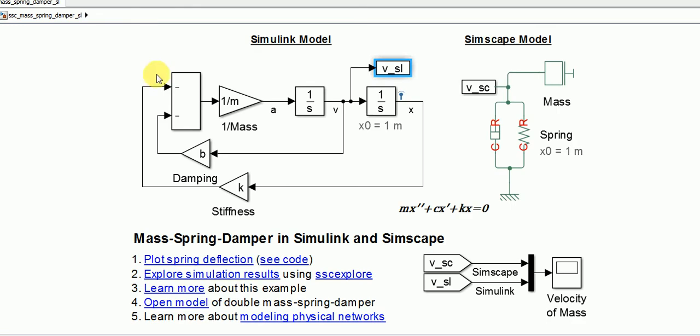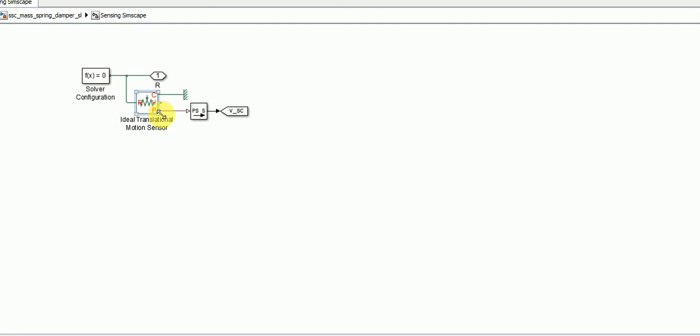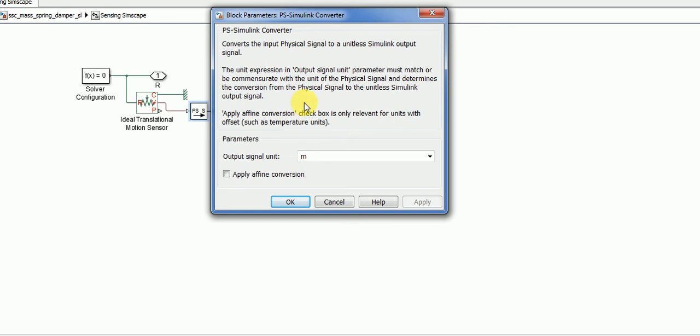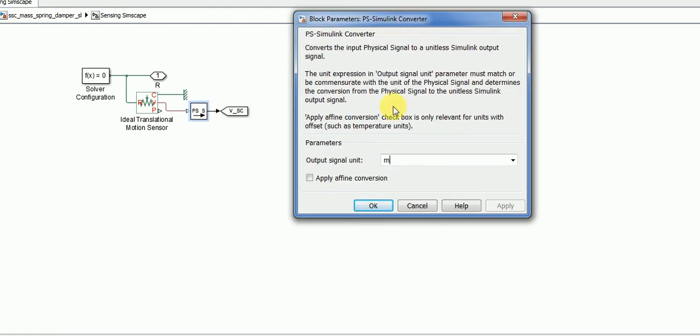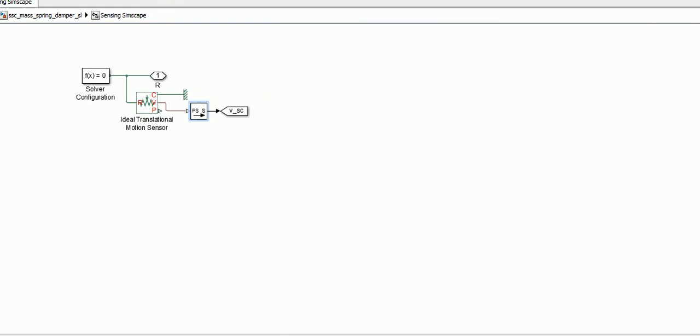Here we are getting velocity, so here also we need to connect it to velocity. For velocity, I added the unit meter here, so it was showing the error. Because in a physical system proper units are required, you can't measure velocity in meters, so that's why it was showing error.